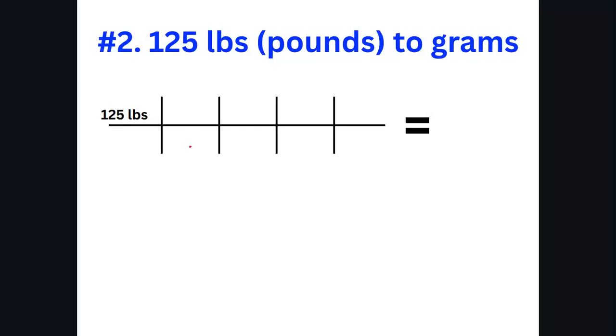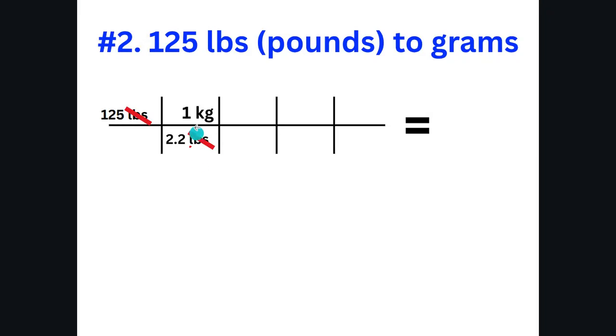We do have one that takes us from pounds to kilograms. We can say that 2 2/10 pounds is the same as 1 kilogram. We can cancel out our pounds. Now let's see if we have something that goes directly from kilograms to grams.